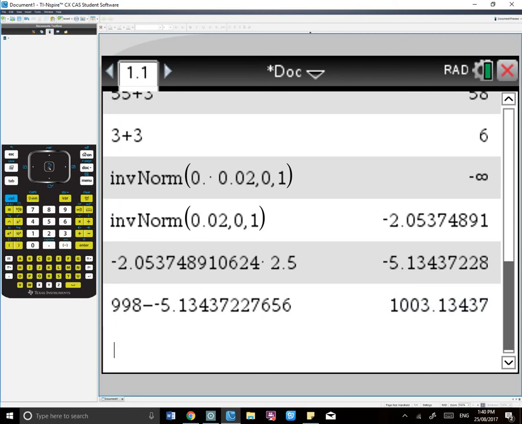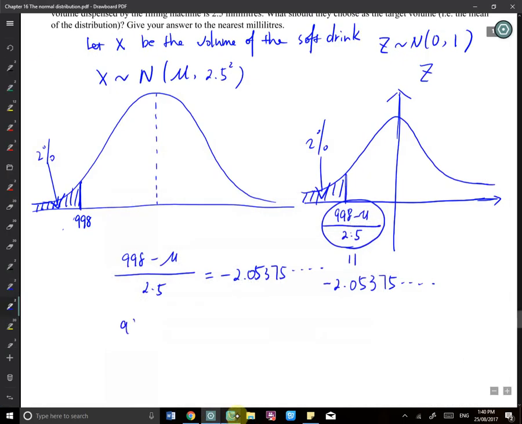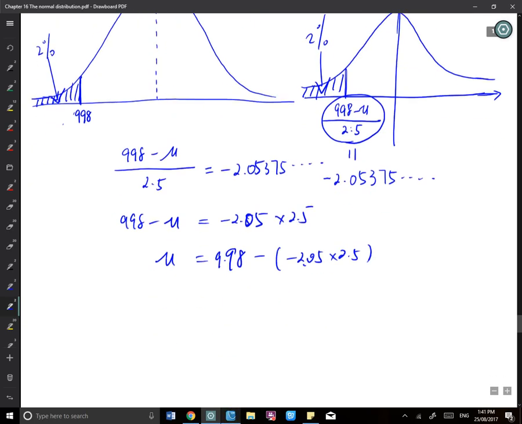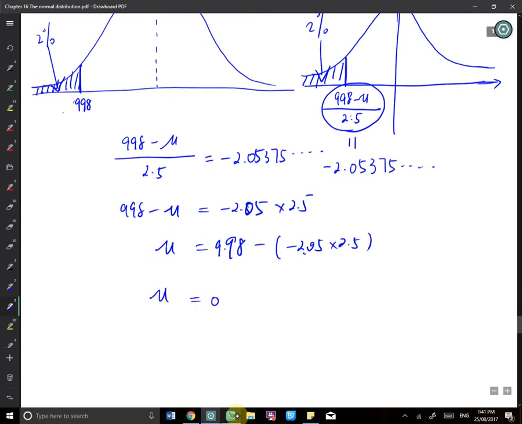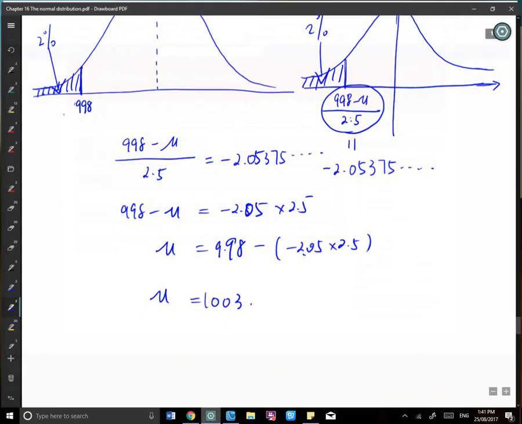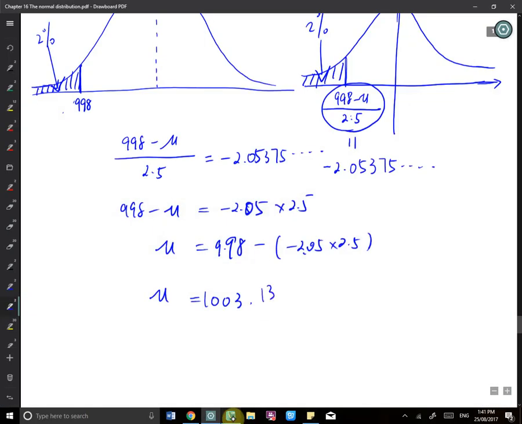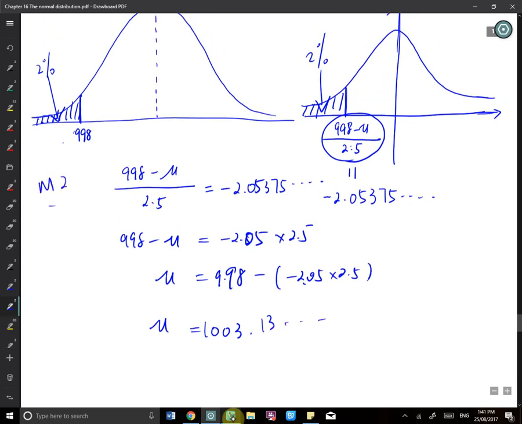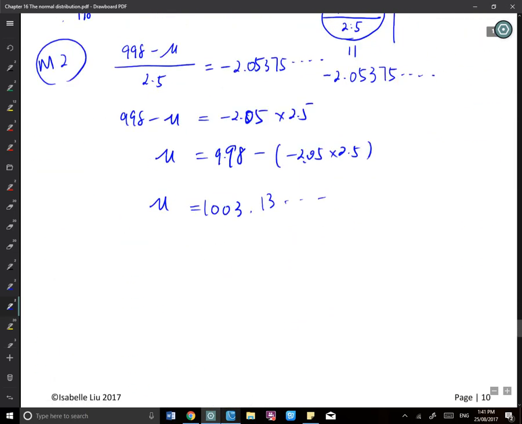You know how to solve for mu: 998 minus mu equals minus 2.05375 times 2.5, and then mu equals 998 subtract this. Mu gets 1003.13 something. So that's method 2, and method 1 is by CAS.